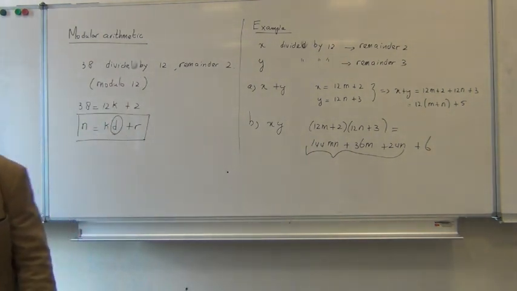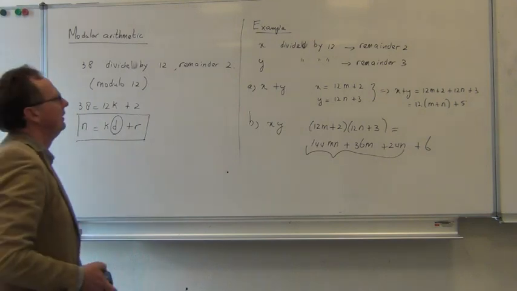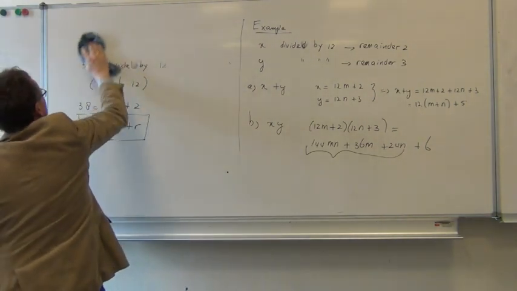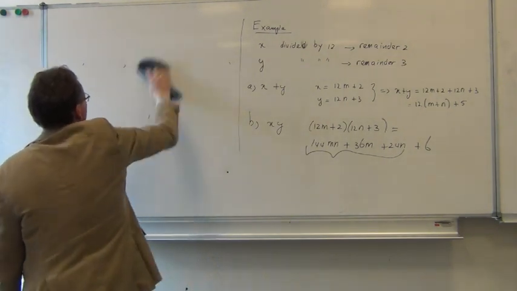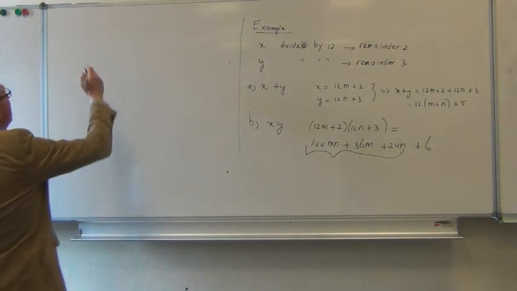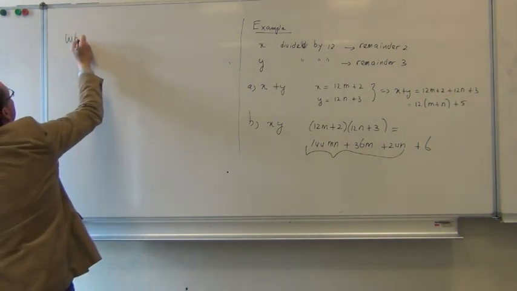So suppose we take x to give remainder 6, and y will give remainder 3. So what about dividing?